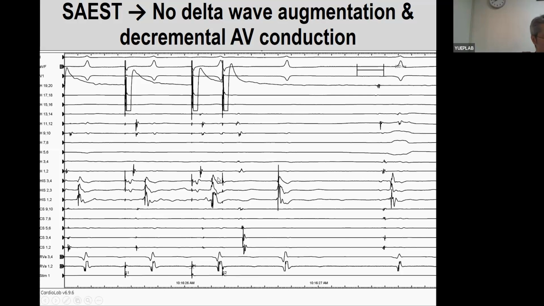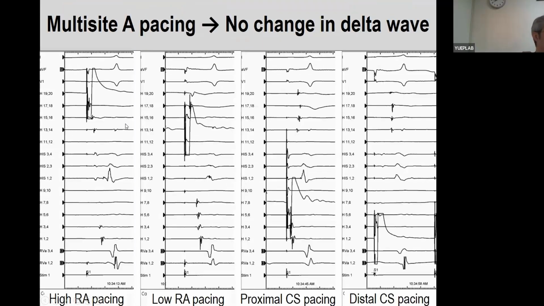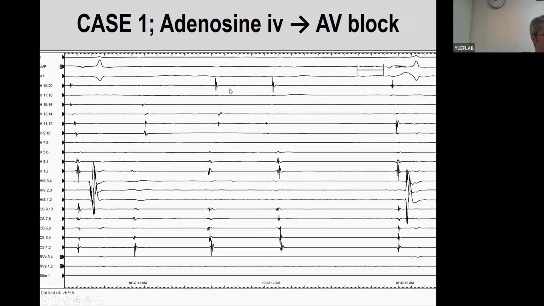And we can observe the AH decremental property. We conducted multi-site A pacing: higher A pacing, lower A pacing, proximal CS pacing, and distal CS pacing. All the same, we can see the same minimal delta wave. There's no change in delta wave morphology, even with multi-site A pacing.